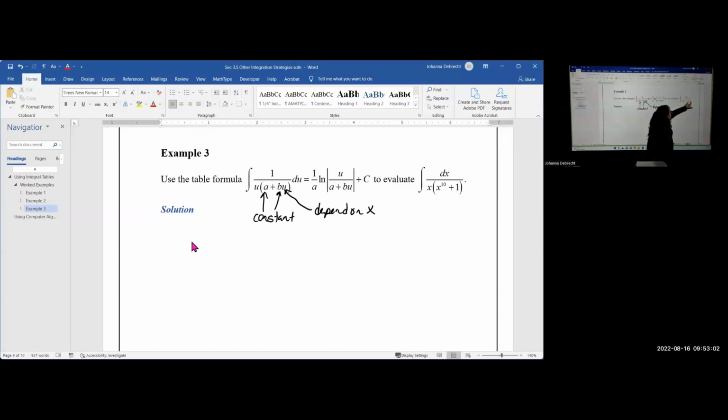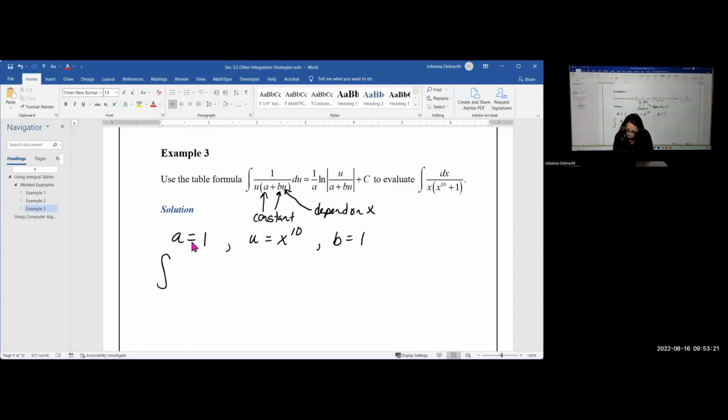I have x to the 10th plus 1. 1 is the constant term. So I believe that A should be 1. Then I believe that U should be x to the 10th. And that would leave B to be equal to 1.